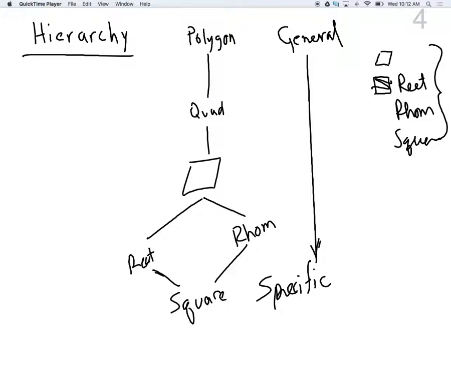The square at the bottom, everything above the square has the same properties. So if it's true about a quadrilateral, it's true about a square. If it's true about a polygon, it's true about a square. Each of those figures has all the properties of everything listed above it. So a rhombus is a parallelogram, a quadrilateral, and a polygon. A parallelogram is a quadrilateral and a polygon, etc. So it goes up.